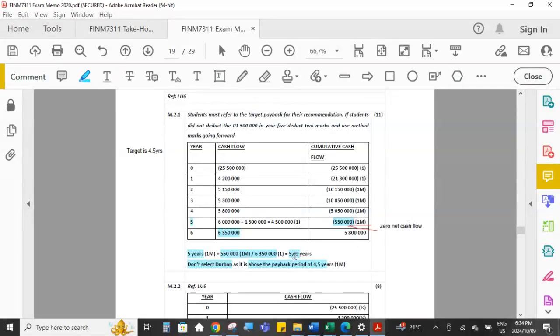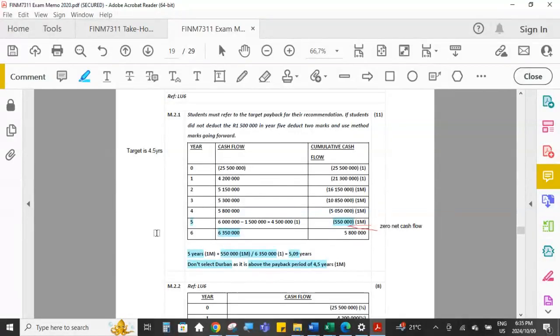You could also convert this to months. You would just take 0.09 of 12 months, and that would tell you 5 years and X number of months. But it's absolutely fine just to leave it like this. I've used my highlighter here specifically because of the difficulty students have with payback period. It's a very simple calculation, and your challenge is just remembering the format of this calculation when you write it down.